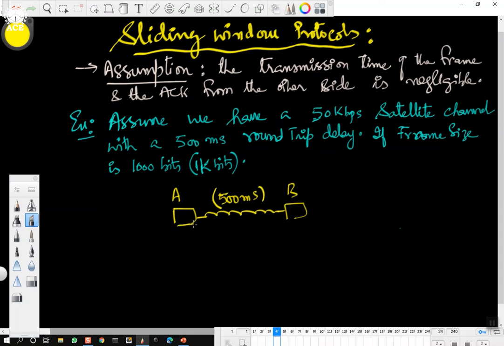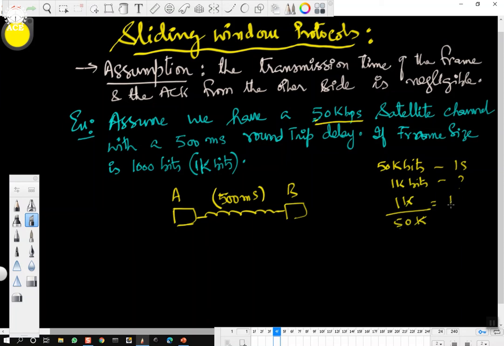So how much time does it take, using this channel capacity of 50 kbps, for machine A to output this frame of size 1 kb onto the channel? Please understand, 50 kilobits of data can be put in 1 second. So 1 kilobit of data will take 1K divided by 50K seconds.